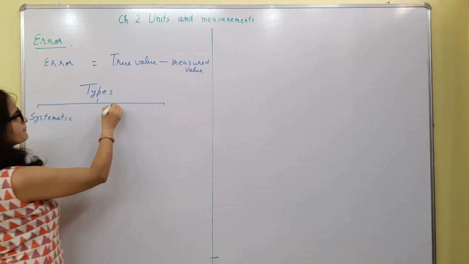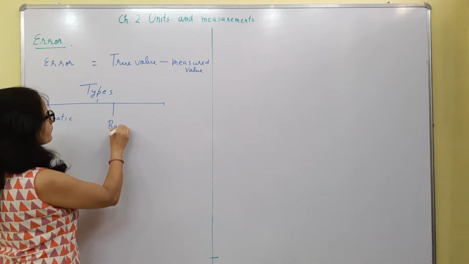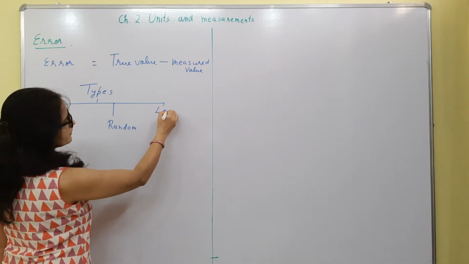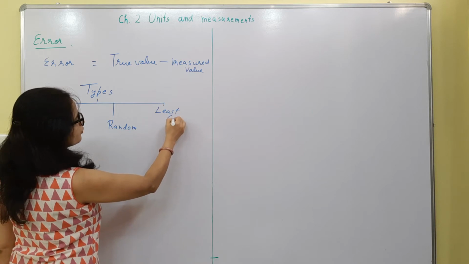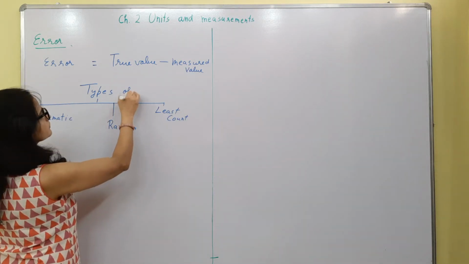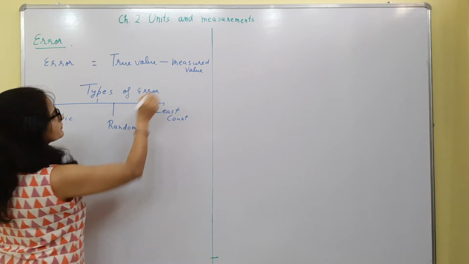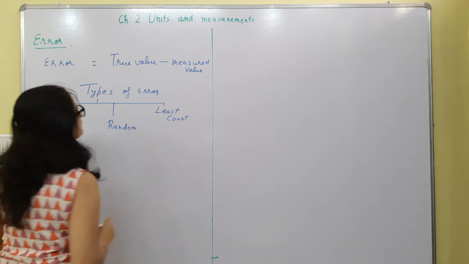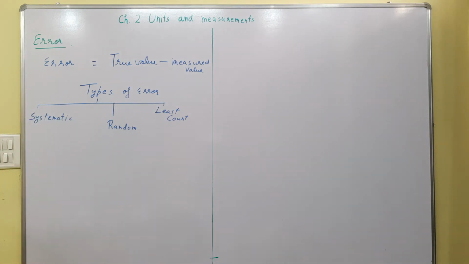Second is random errors, and the third is least count error. We just need to know the meaning of these types of errors. We don't have to go into detail.